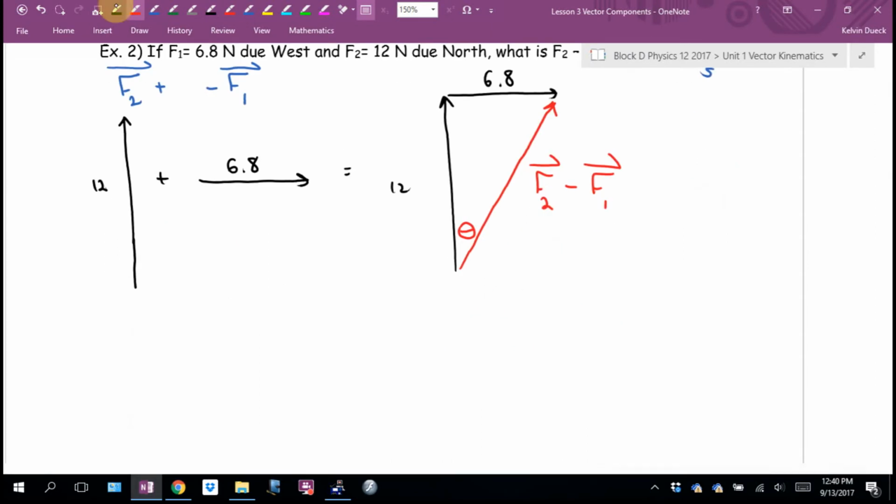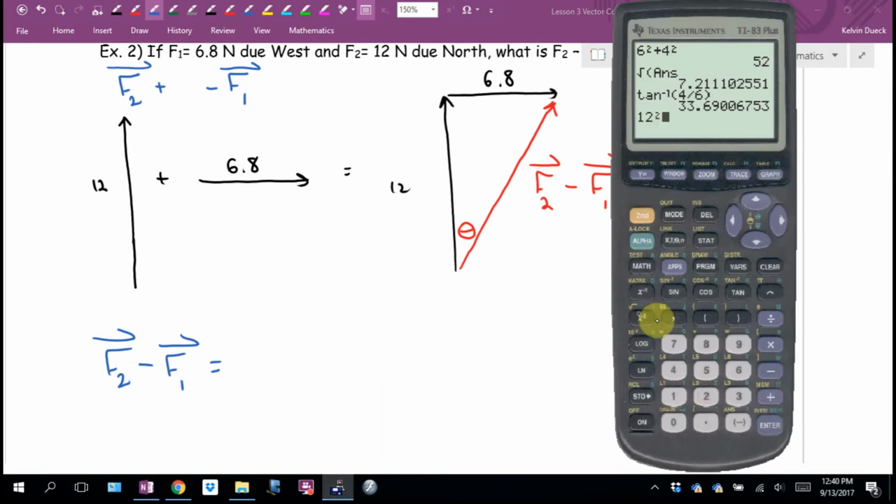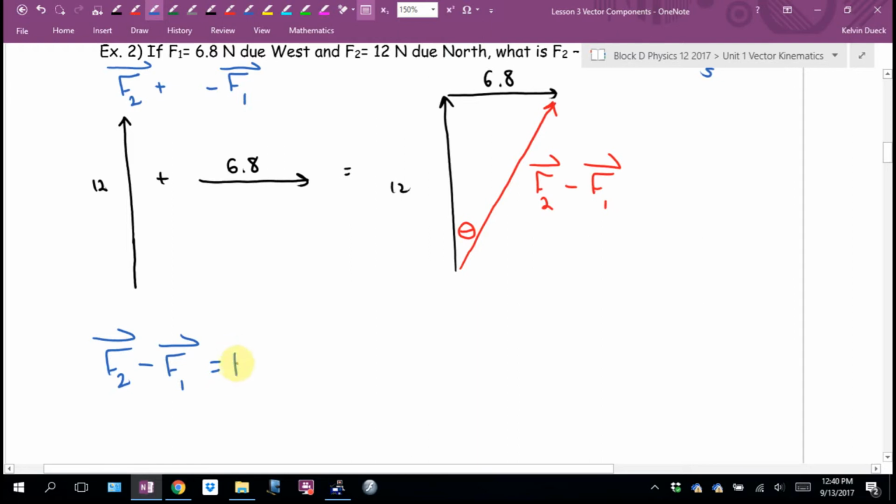So let's figure this out. F2 minus F1 is going to be 12 squared plus 6.8 squared equals, square root, answer button. 13.8 units, newtons, at, that 12, opposite, adjacent, or hypotenuse?